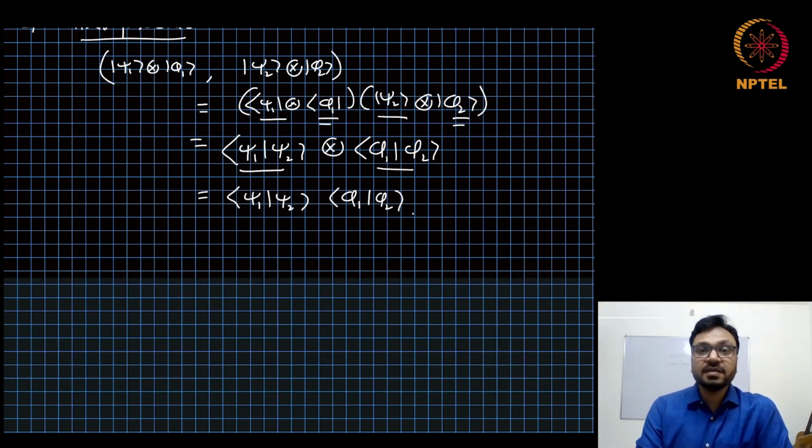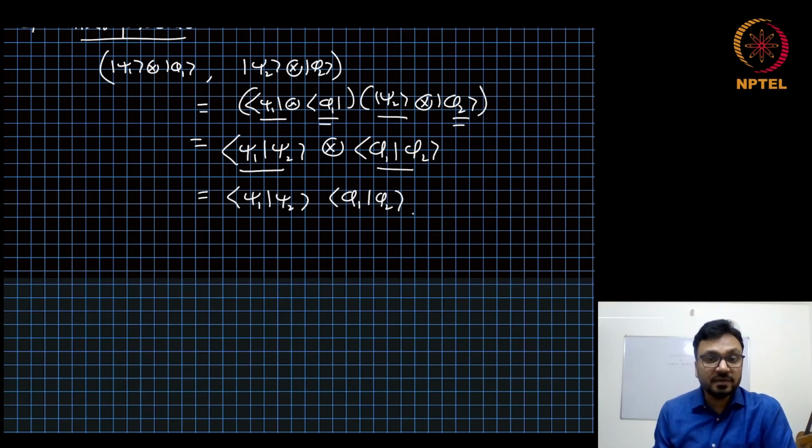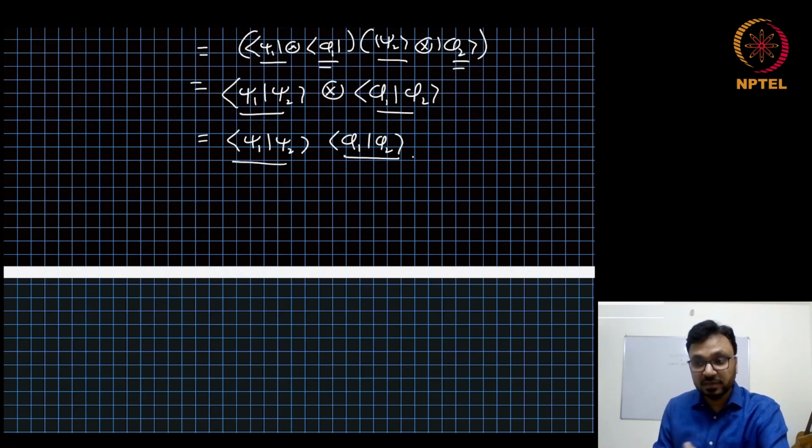So A does not feel the existence of subsystem B, and B does not feel the existence of A. So in their labs, the inner product will be just as if there was nothing else. So for A, it will be just psi1, psi2, and for B, it will be phi1, phi2. When we have correlations, which we will discuss shortly, these inner products might be slightly more complicated, but they will satisfy this definition, with a little bit of generalization.